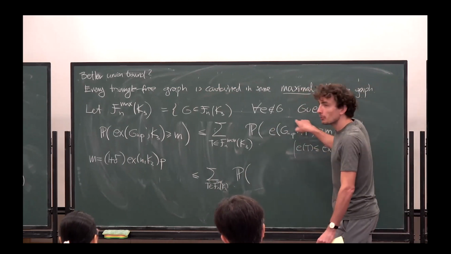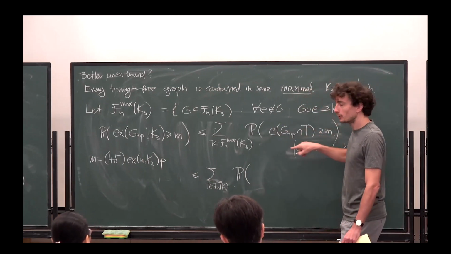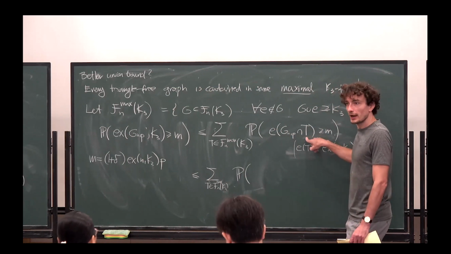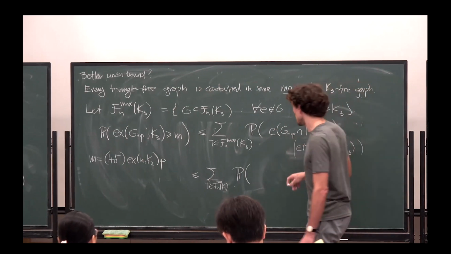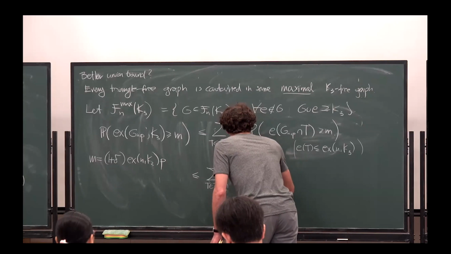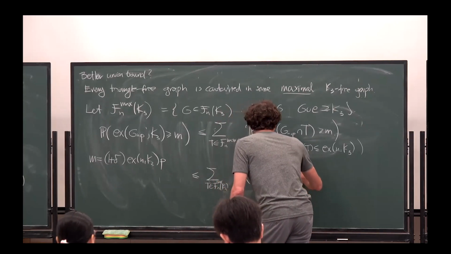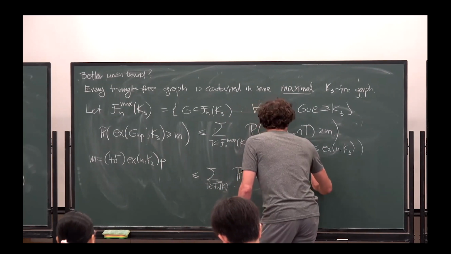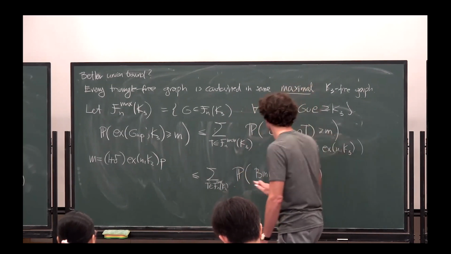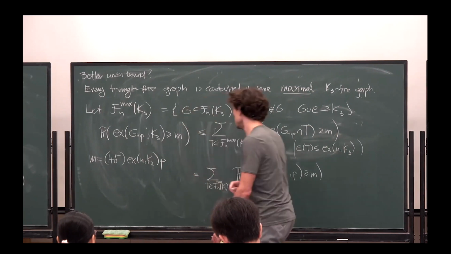And this number of edges is a binomial random variable, which has e(T) trials, success probability p. So it's the binomial random variable, e(T), success probability p, at least m. So this is actually an equality.